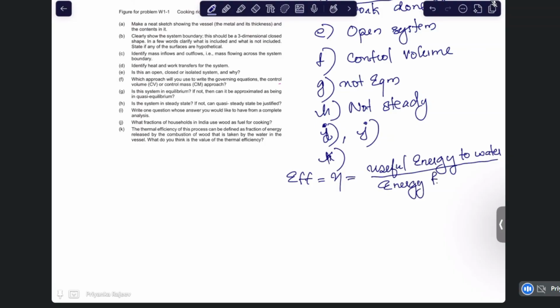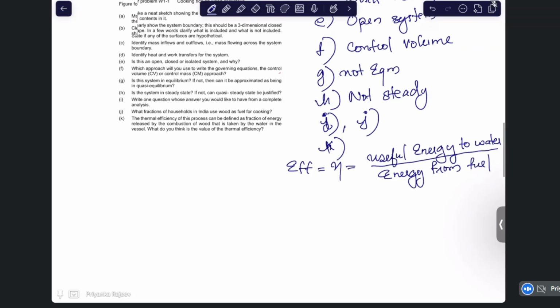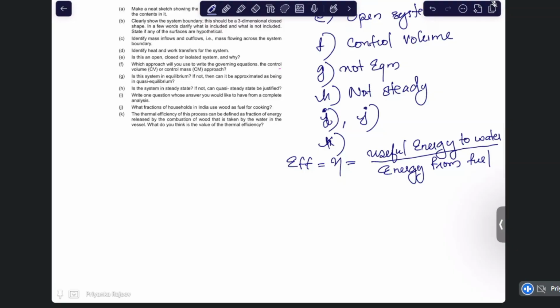That is the definition given in the question. Thermal efficiency, eta thermal, can be defined as the fraction of energy released by the combustion of wood that is taken by water in the vessel. So what do you think is the thermal efficiency?